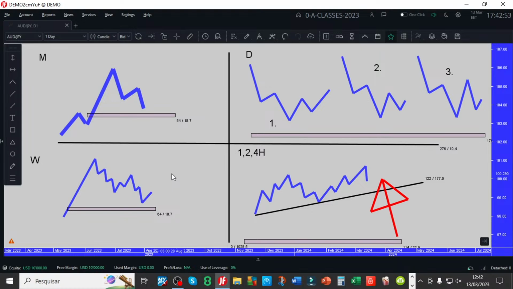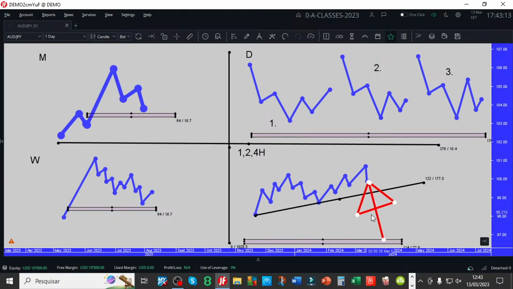Yes, the entry is the same visual. Yes, sir, same visual on the 1 hour, 2 hour, 4 hour chart. Shola says short because we are in a downtrend, not from the 1 hour, 2 hour chart. We are not.